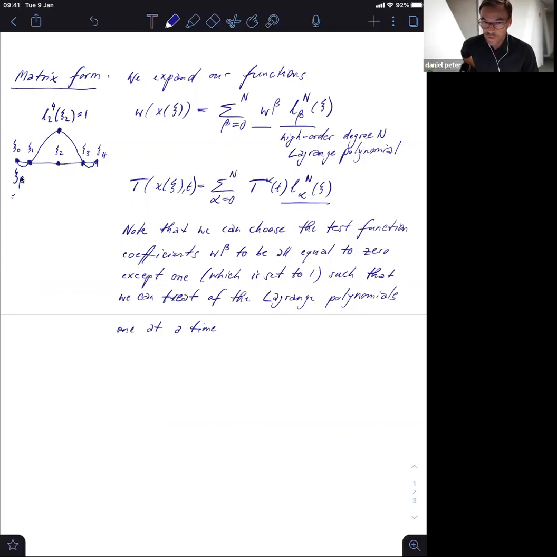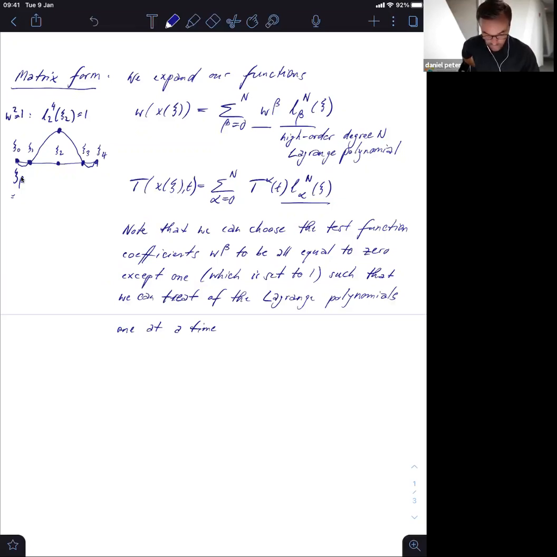So if we have W2 equals to 1 and everything else 0, then only this L2 polynomial will contribute. And the L2 polynomial is only 1 on the GLL point psi 2, and everywhere else it is 0.